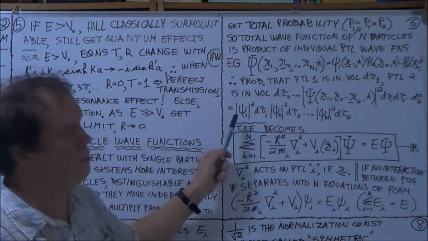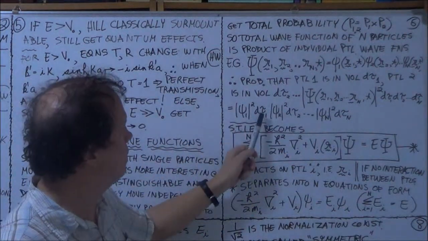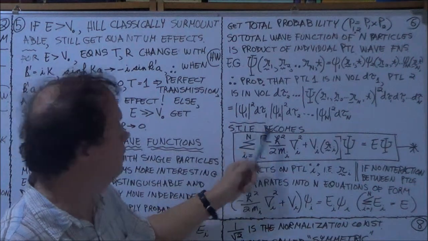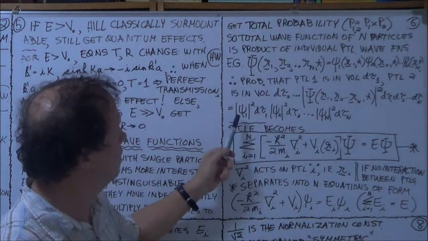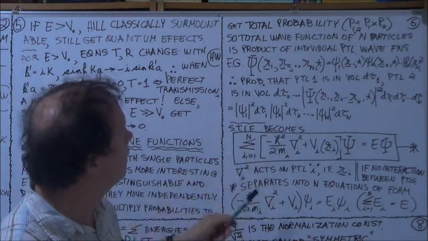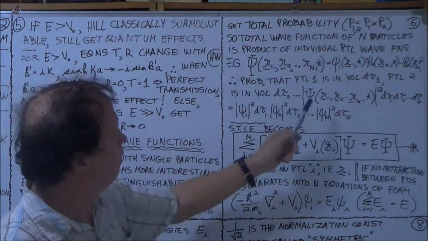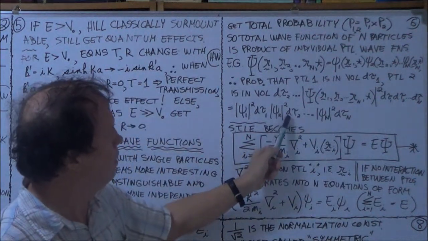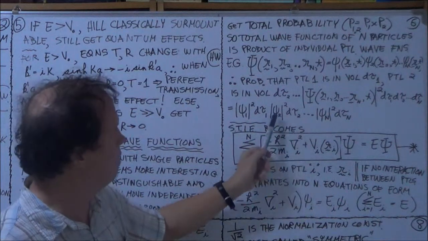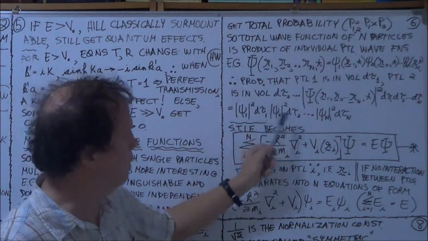Because what's the probability that particle 1 is in this volume d tau 1? Well, just the probability density for particle 1, which is just little psi 1 squared d tau 1, and the probability that particle 2 is in volume d tau 2 is little psi 2 squared, and so on.